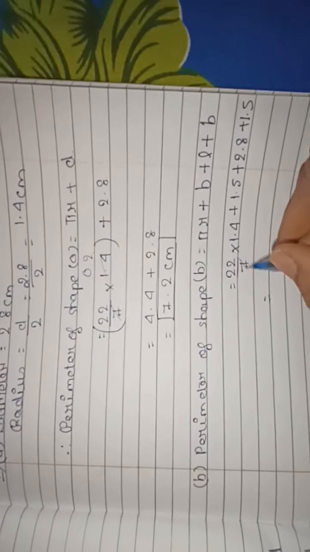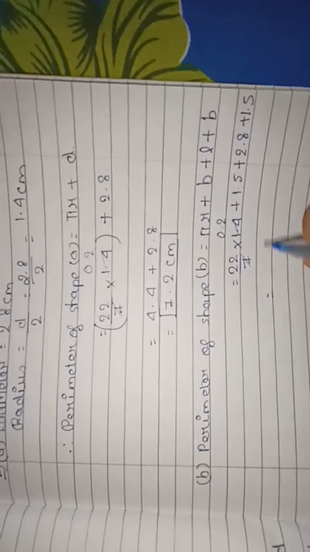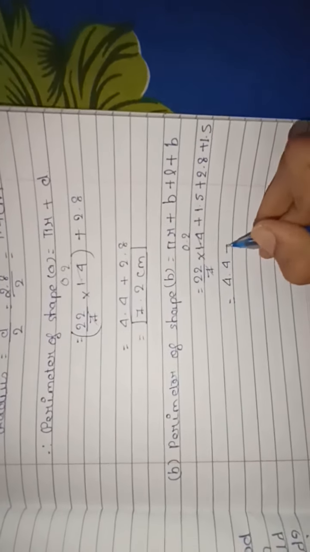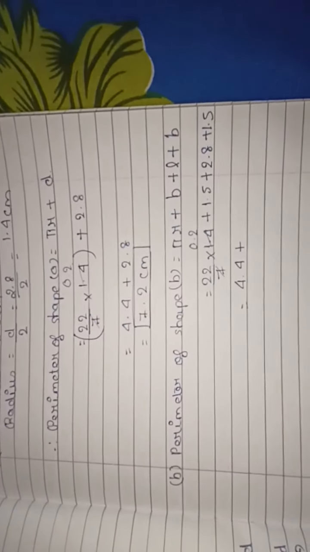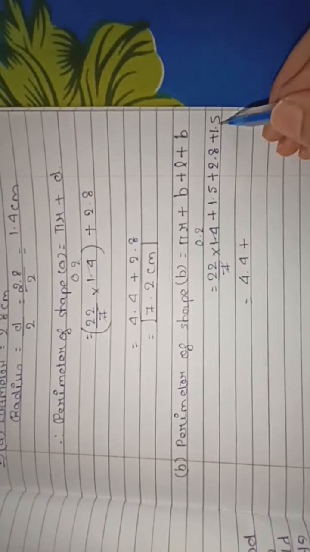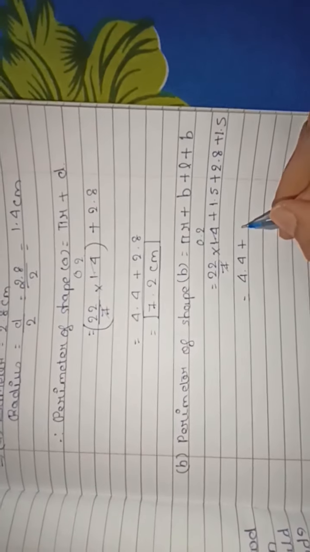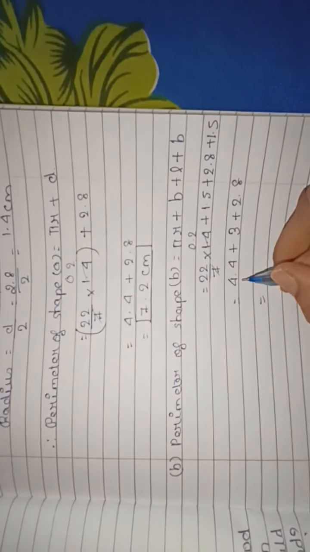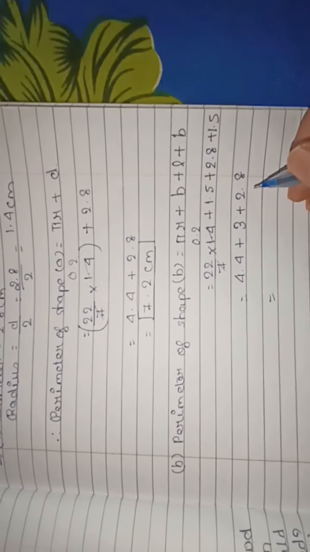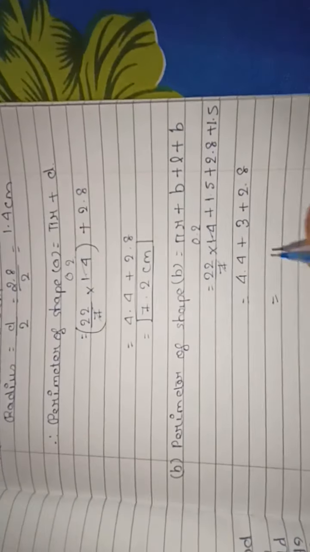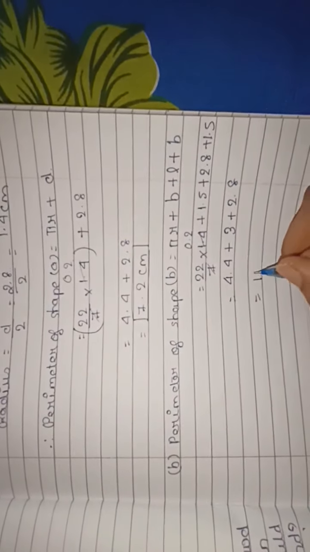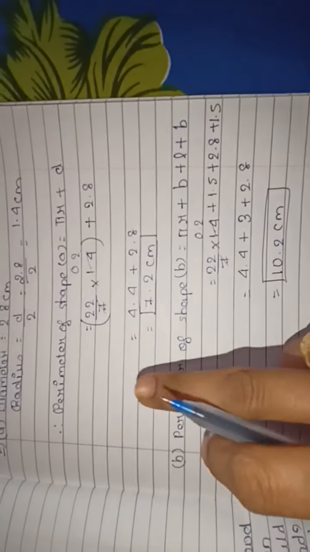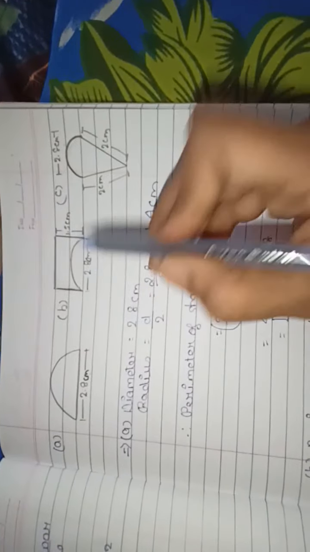So 22 by 7 times 1.4 is 22 multiplied by 0.2, which is 4.4, plus 1.5 plus 1.5, that will be 3, plus 2.8. So 4.4 plus 3 plus 2.8 will give us 10.2 centimeters. So this will be the perimeter of that particular shape B.